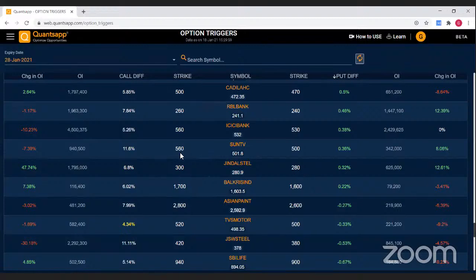This is one point. And if I say from the highest call side, highest call stands at 300, which is very far, roughly 6.87%. So Jindal's highest call is around 7% away.